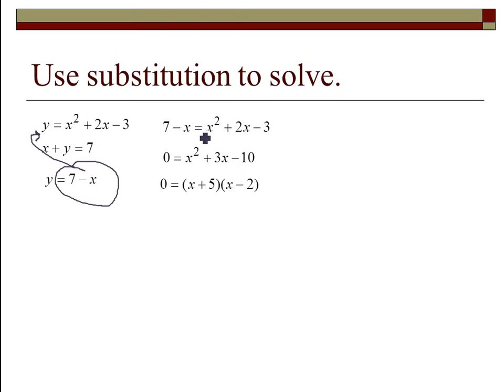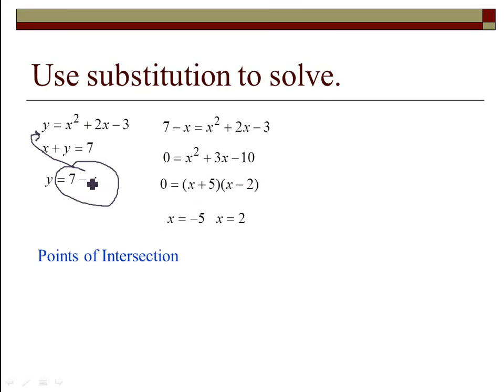Okay, this one factors to x plus 5, x minus 2. So now we've got x equals negative 5 and x equals 2. Now what I'm going to do is actually find the points of intersection of this parabola and this line. To do this, we're going to take x equals negative 5 and replace the x over here.